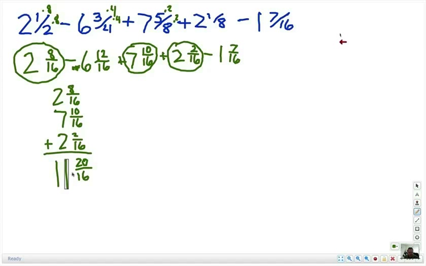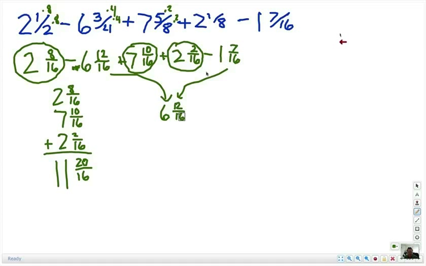Now I'm going to go ahead and leave it in that form because I know it's a top-heavy fraction, an improper fraction. Sure, I could simplify it, but it's possible that we might have to borrow from this to do our subtracting. So let's go ahead and look at this mixed fraction here. I've got 6 and 12/16. Notice that I was trying to subtract that.